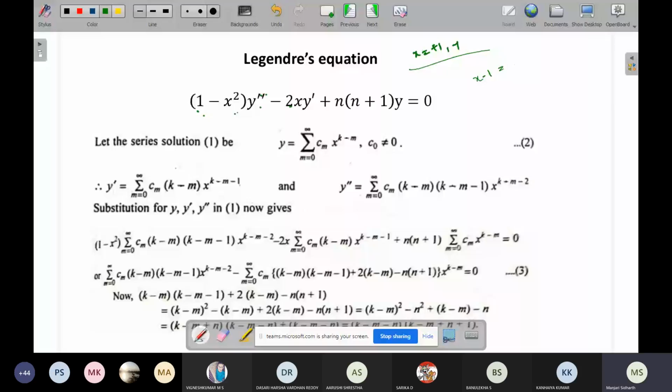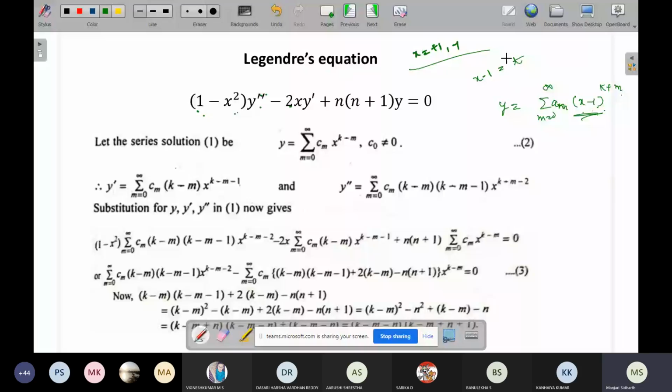Let us take t. I do not want to write the series in this form, x minus 1 power k plus m. Taking x minus 1 simply changes the origin.